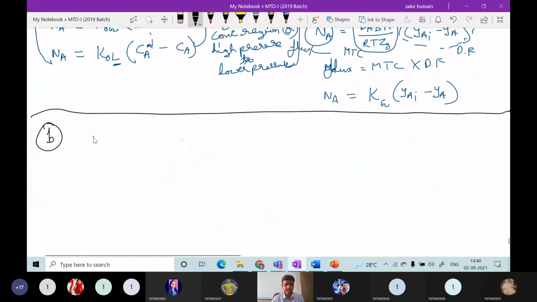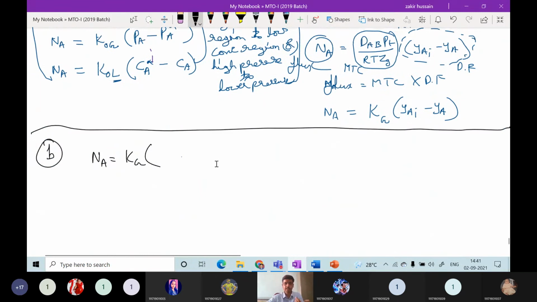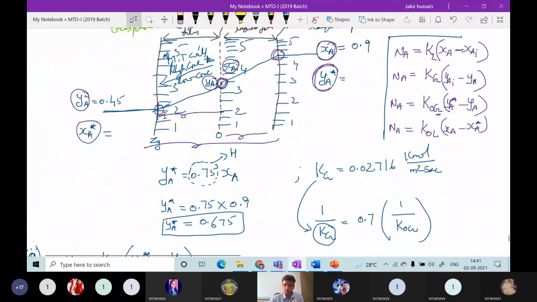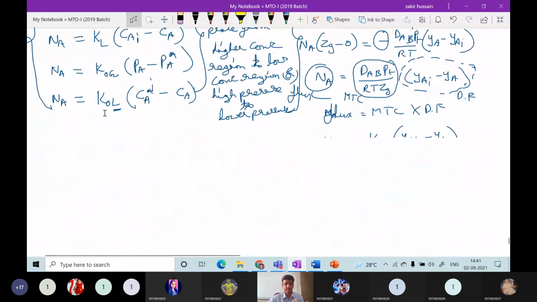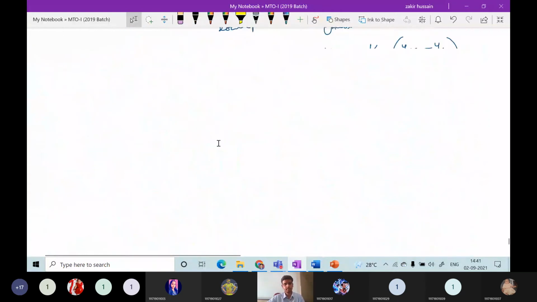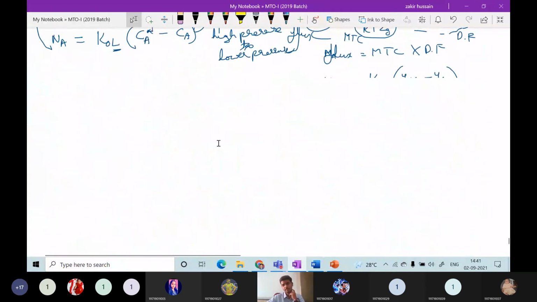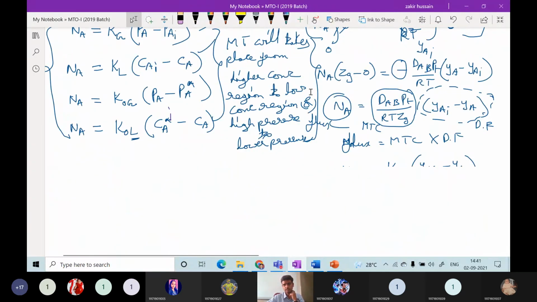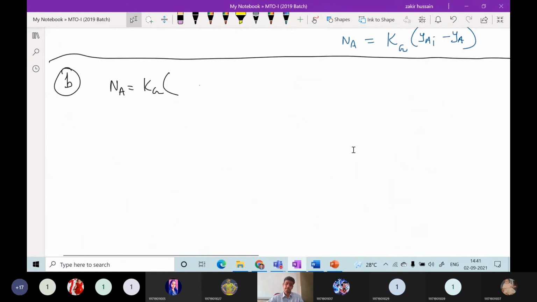We already know NA is equal to Kg into the driving force, which we can define once again. From YAI to YA the driving force is there.